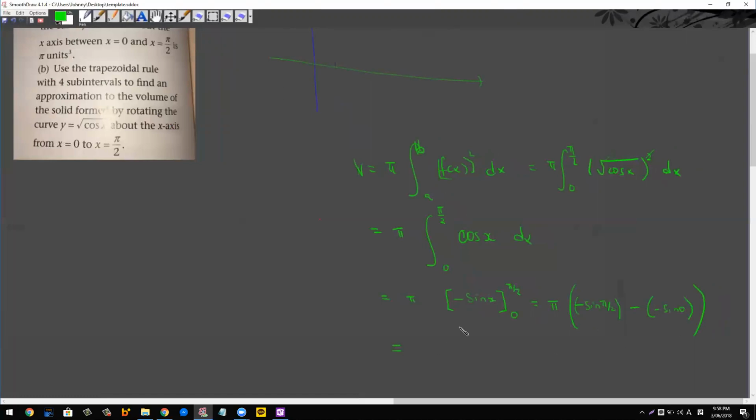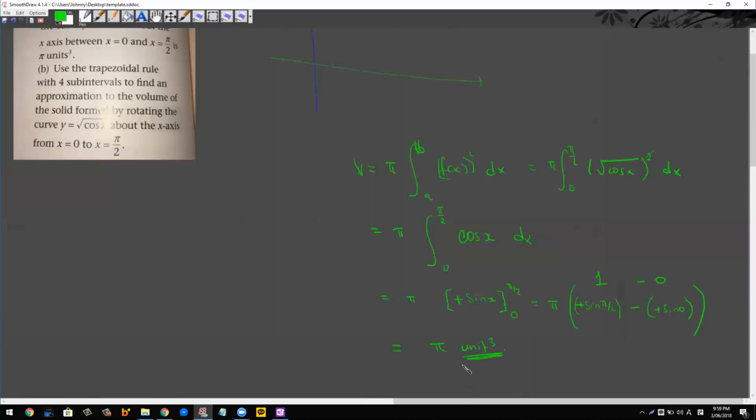Integration of cos is actually a positive sine, isn't it? So this one is 1, so 1 minus 0, and the answer is pi. And there are units, of course, cubed.